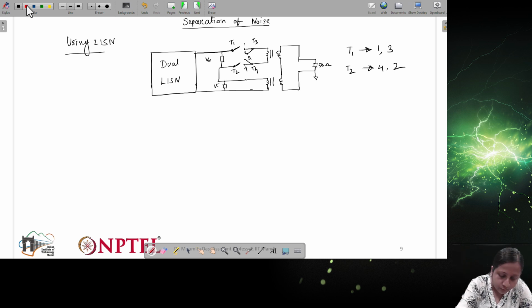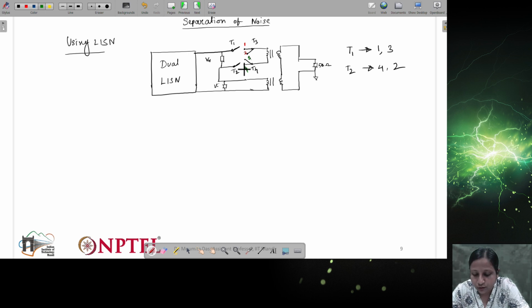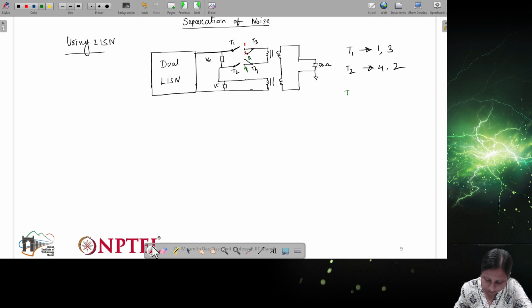If you can't see it properly, I'll highlight: this is 1, this is 2, and this is 3 and this is 4. 3 and 4 are with respect to T4, and 1 and 2 with respect to T3. T3 has two points, 1 and 2, and T4 has two points, 3 and 4.